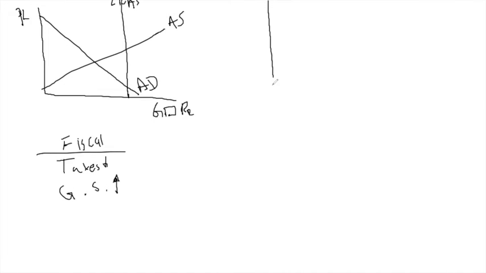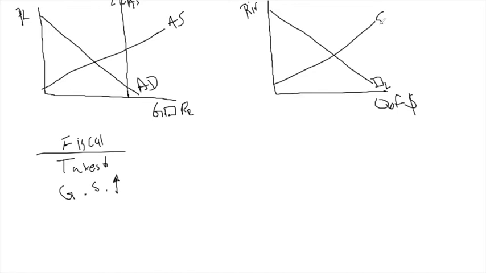Now, let's go over to our loanable funds market. So we're going to call this our real interest rate, and this is the quantity of dollars. Here is my DL. Here is my SL. Okay, and if the government wants to fix this problem right here, let's do it in blue.